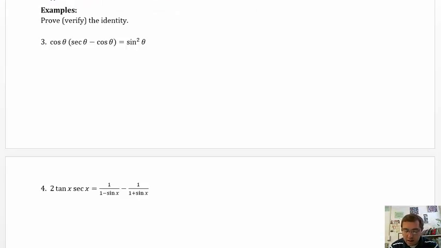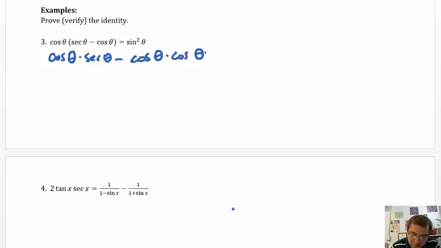What is then something that I can do with the left-hand side? Well, I can distribute the cosine, so let's do that. Cosine of theta times secant of theta minus cosine of theta times cosine of theta. I'm just taking the left-hand side. I'm not going to rewrite the whole equation. I'm just going to take the left-hand side and show that it becomes sine squared of theta, which is the right-hand side.